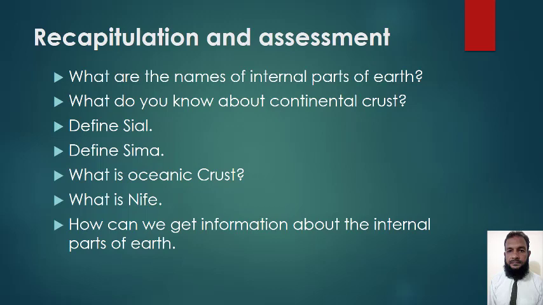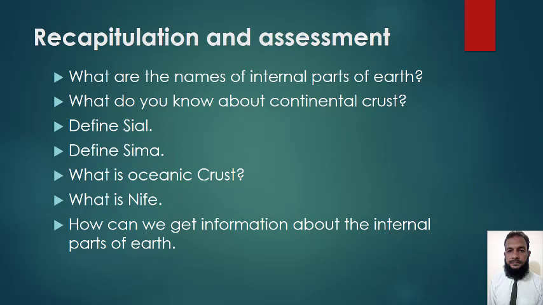Oceanic crust is made of three minerals: silicon, iron and magnesium. What is oceanic crust? The crust of the earth which is beneath the water is called the oceanic crust, which is made up of three minerals: silicon, iron and magnesium.